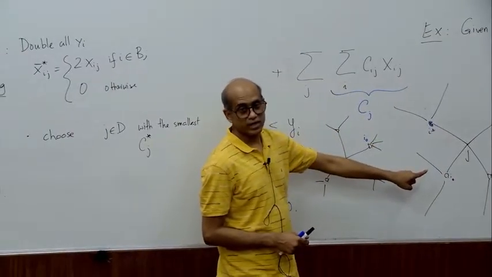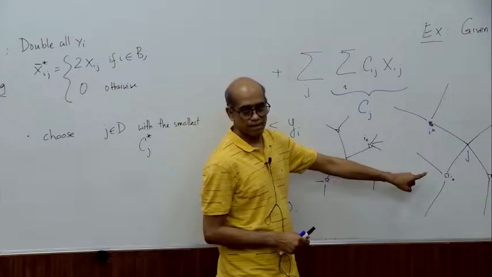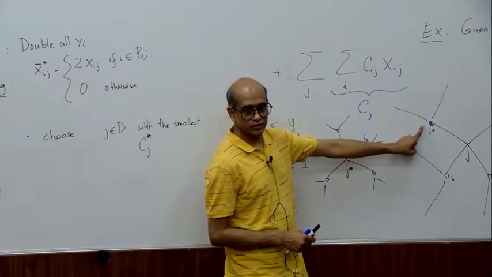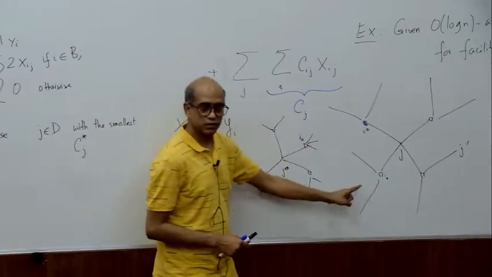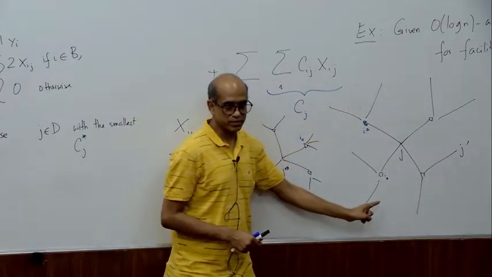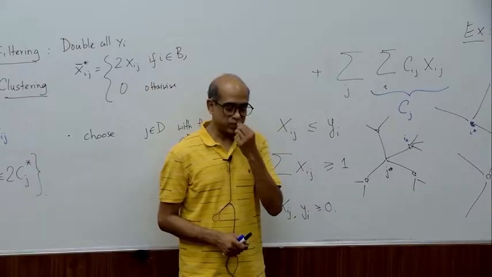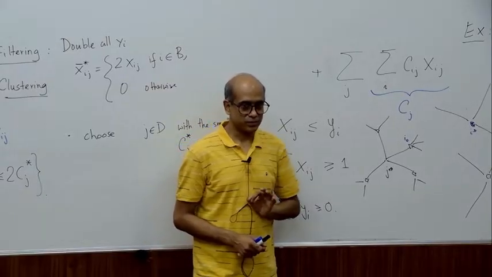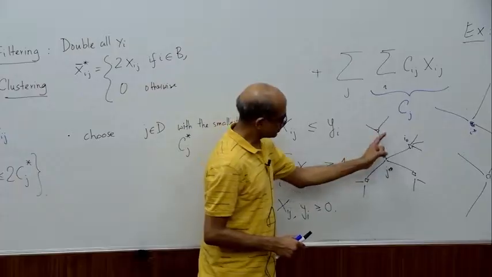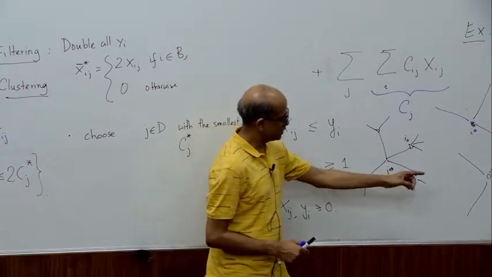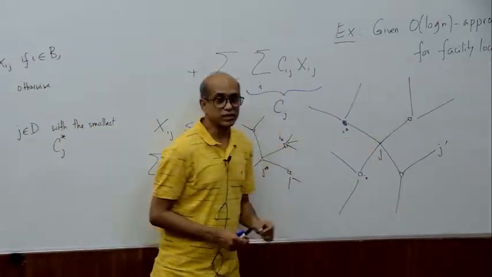Those YI values add up to at least 1. So if I pick the cheapest one, its cost will be at most the total cost that the linear program pays here. Same thing here. But I have to make sure that no double counting happens. So this set of facilities and this set of facilities will be disjoint.